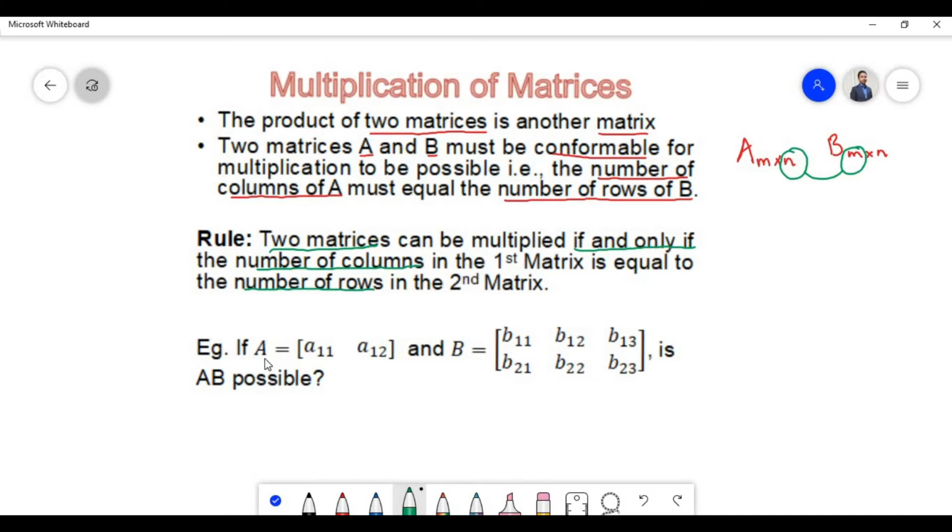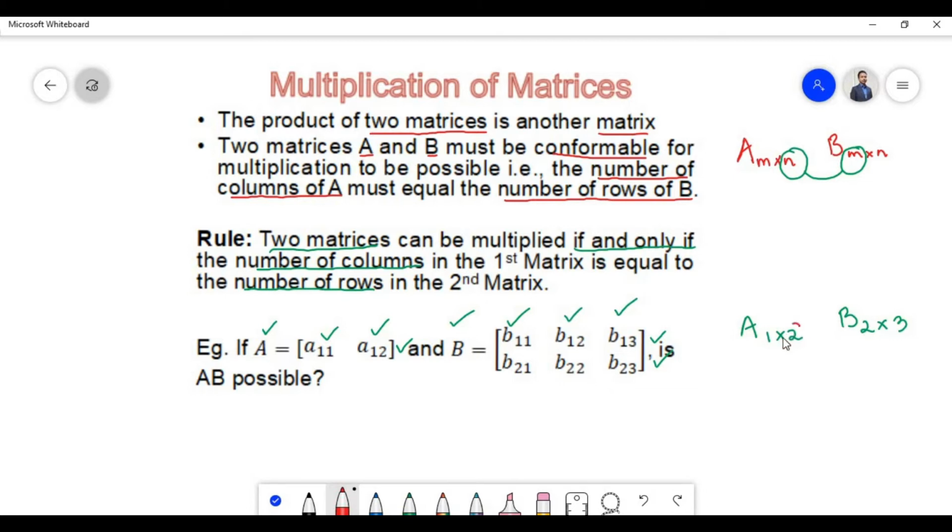In this example, given matrix A and matrix B, let us see whether multiplication of matrix A and matrix B is possible or not. Now matrix A is of order 1 cross 2, that is, there is one row and two columns. And matrix B is of order 2 cross 3, that is, there are two rows and three columns.